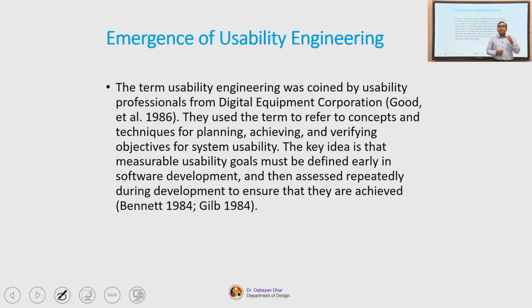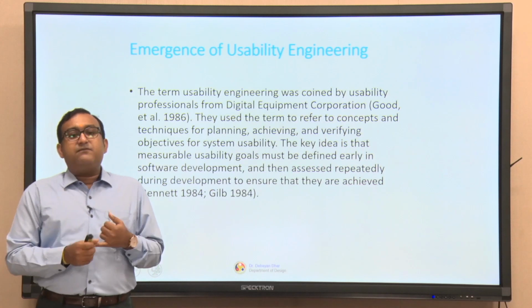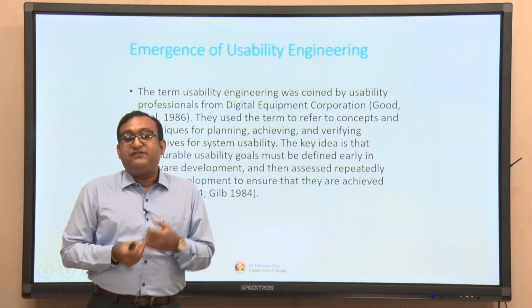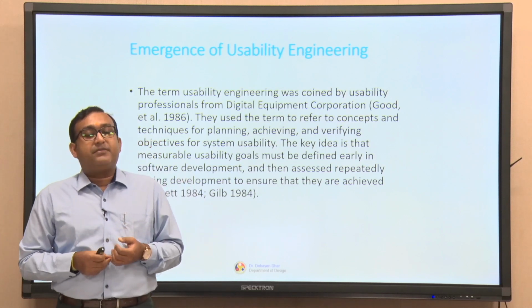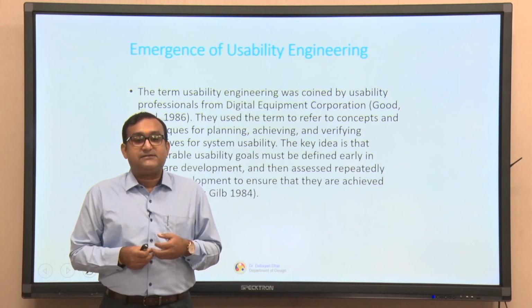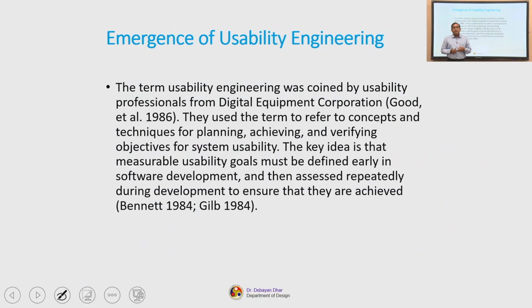Now, the term usability engineering is influenced by all these developments that happened through the 1980s and the early 1990s. The term was first coined by usability professionals from Digital Equipment Corporation, and they used the term to refer to concepts and techniques for planning, achieving and verifying objectives for system usability.